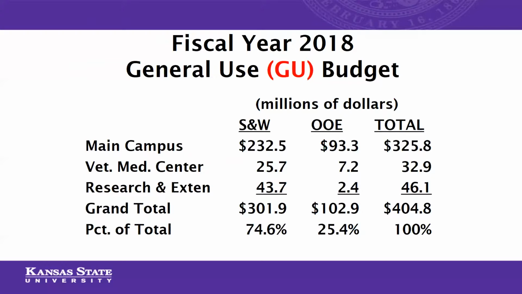Well, within these OOE categories, we actually have dollars set aside for student scholarships and also our utilities and debt service payments. So those are generally non-negotiable items that we have to pay for every year. If you back those out and reran the numbers, you actually get closer to 80% of your budget that's available to you for the non-discretionary items tied up in salaries and wages, tied up in people.